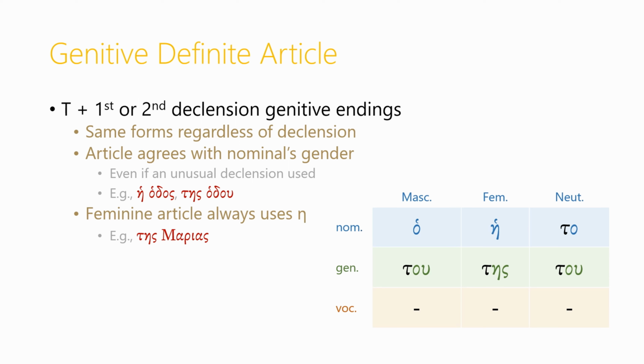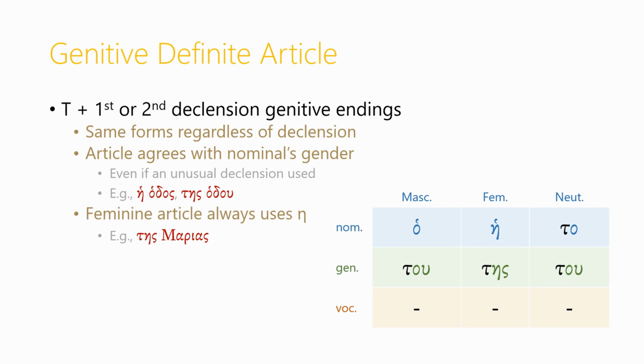So we have he hodos, which is a term for road or way, and even though it takes second declension endings, its gender is feminine, so we use he, not ho. And again, in the genitive, we use tes, not tou.